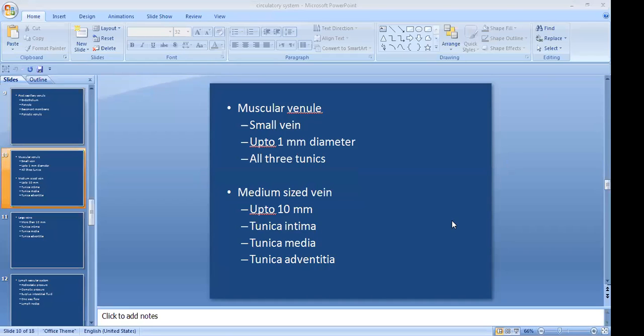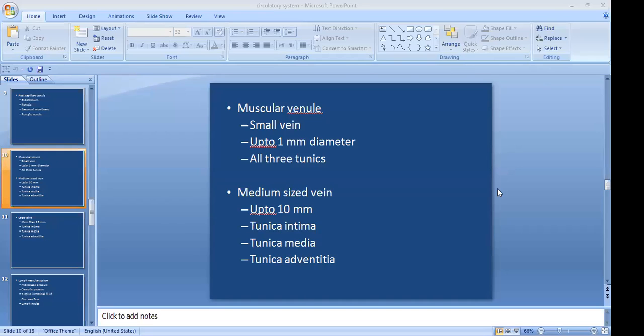The small veins are composed of all the three tunicas, and the most important thing here is the diameter. Their diameter ranges up to 1 millimeter.